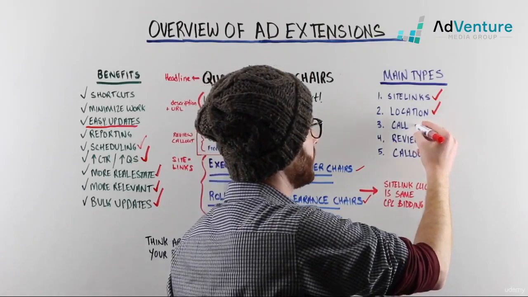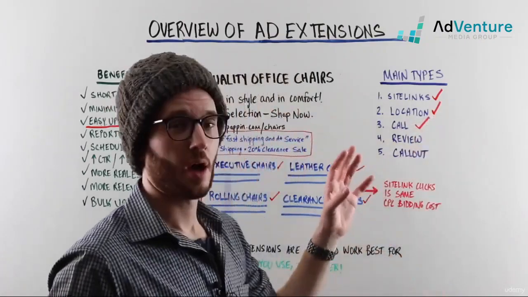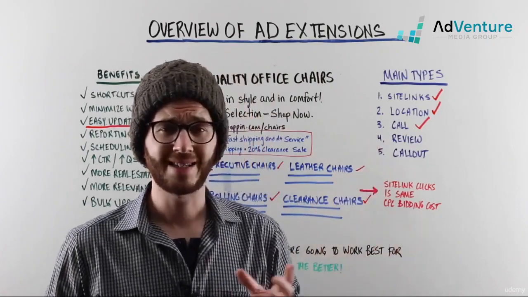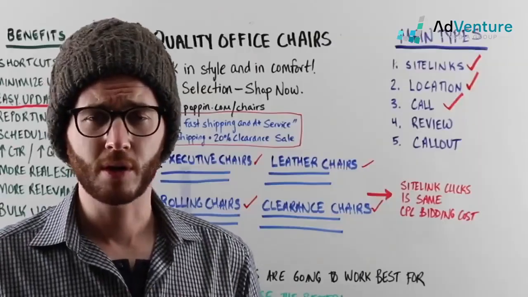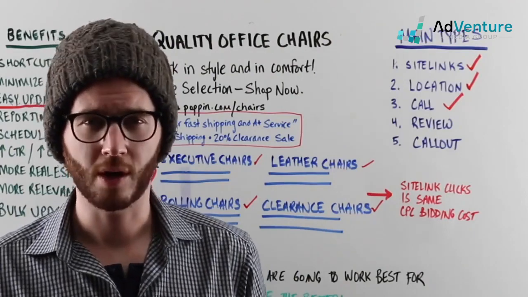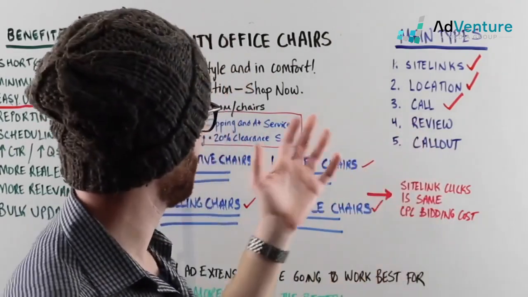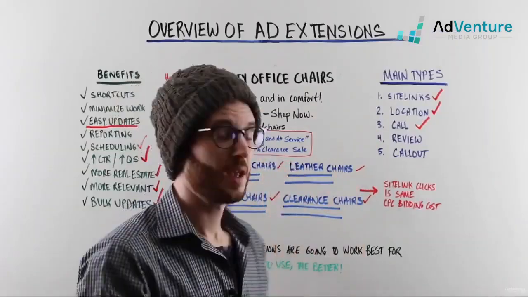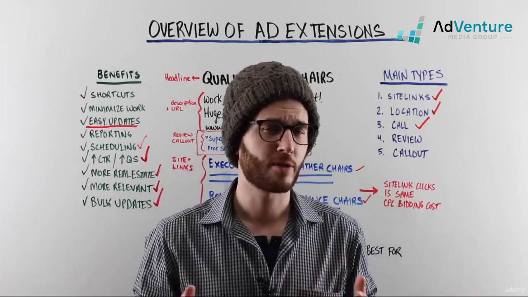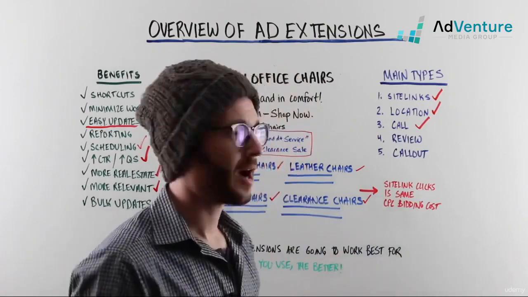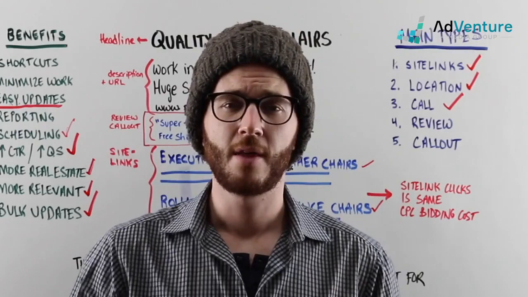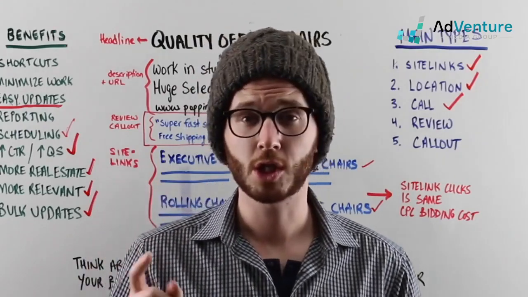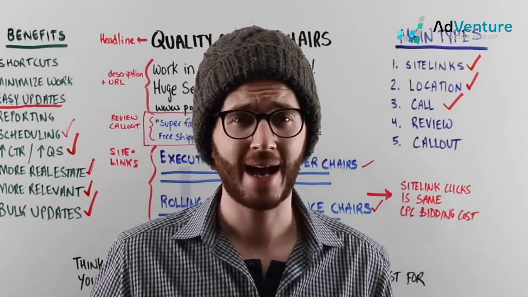Call extensions are another very, very powerful type of extension. When displayed on a desktop, your phone number, potentially set up with a Google forwarding number, is displayed in the actual text of the ad. Sometimes it's appended to the headline, sometimes it's beneath. They show up in different places, and you don't necessarily have complete control of where the phone number shows up. And what's really cool is on mobile devices, there's a little button that says click to call, and if somebody clicks that button, you do get charged at a regular cost per click as if you had an ad click.